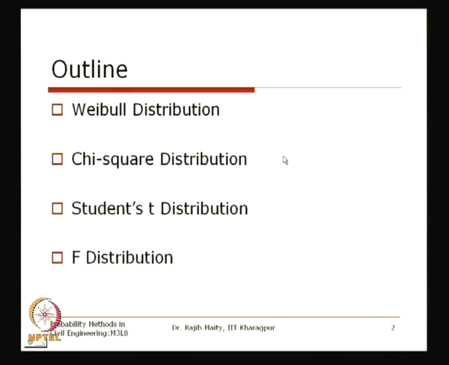We will discuss the Weibull distribution first, and then the distributions specifically important for statistical tests. These tests will be carried out in the last module, module 7, where the properties of these three distributions, the chi-square, the student's T and the F distribution, will be used.